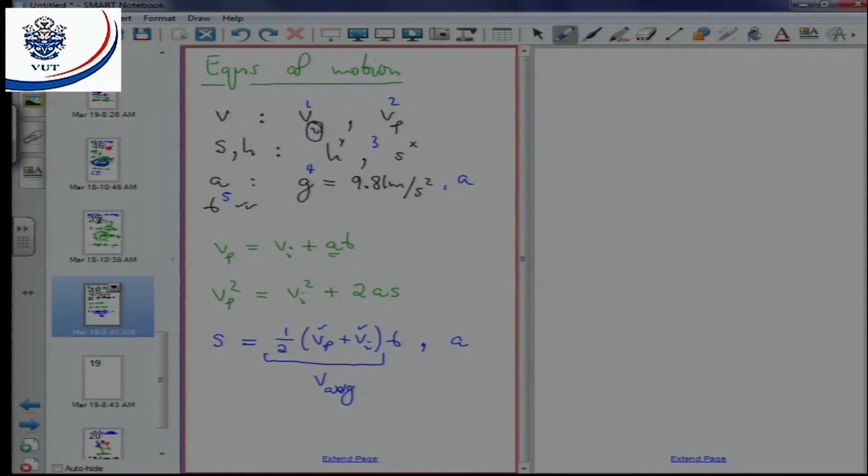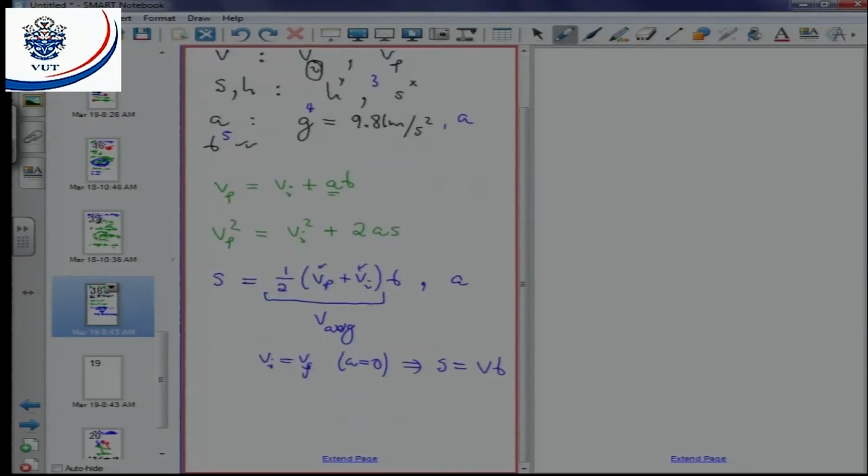When there's no acceleration at all, Vi equals Vf if a equals 0, and this equation just becomes S equals Vt, because you get V plus V, that's 2V, it cancels the half, and you get S equals Vt.